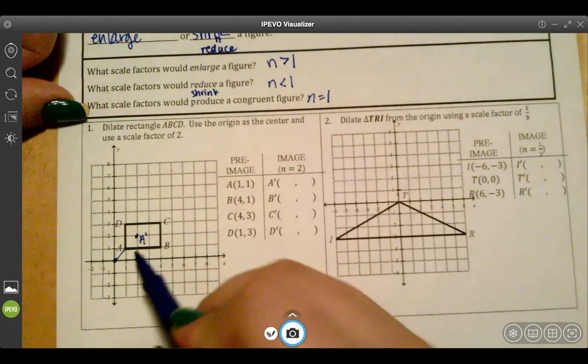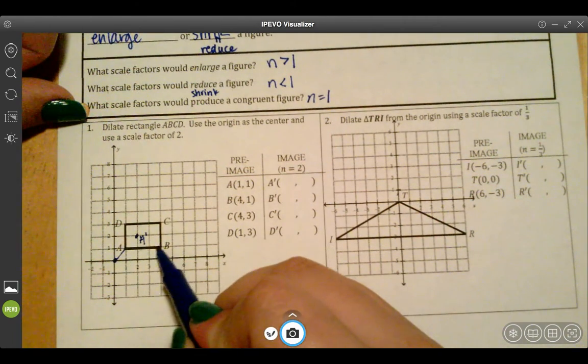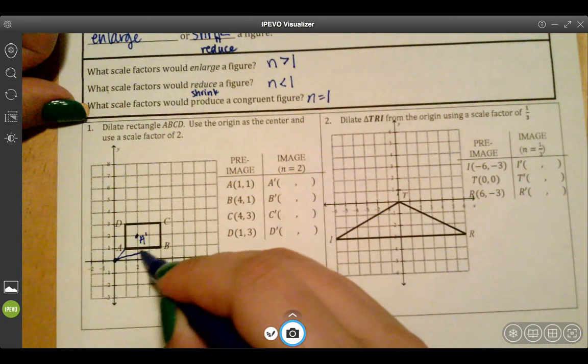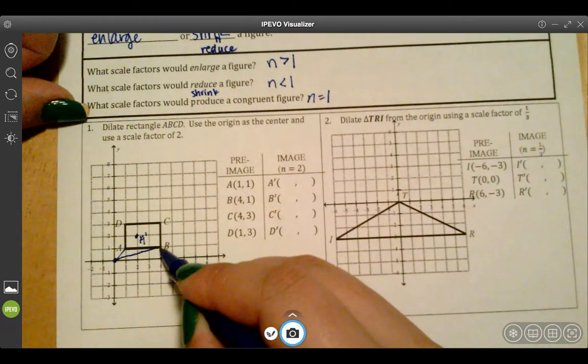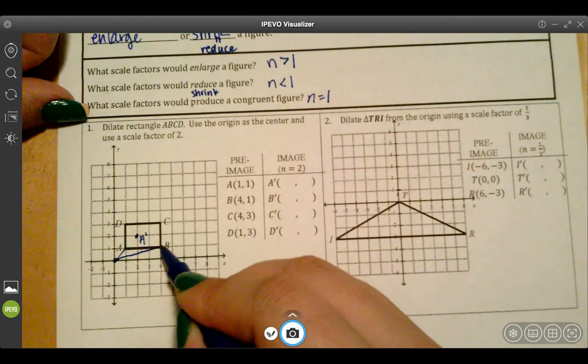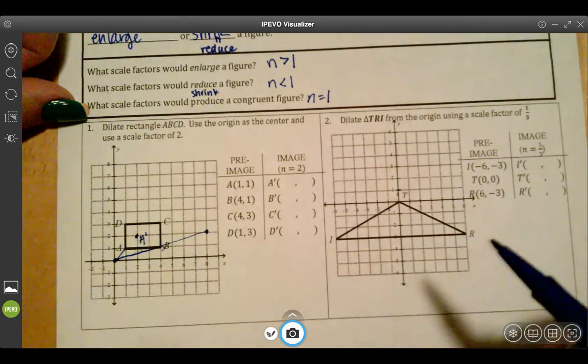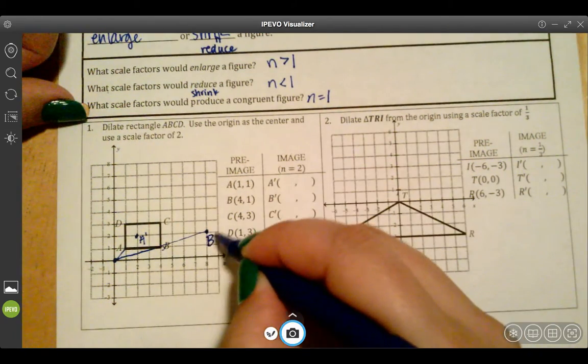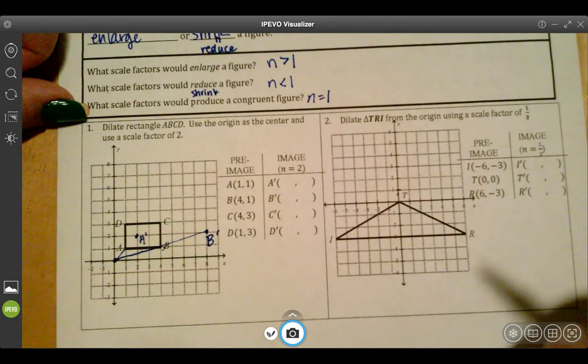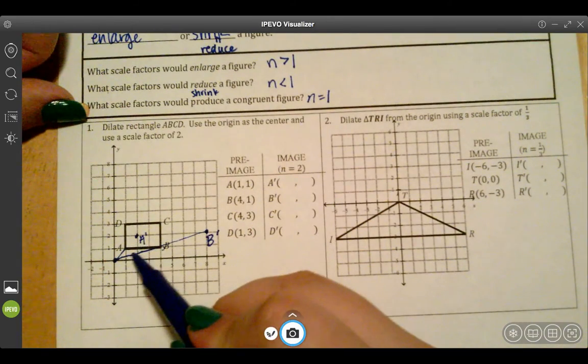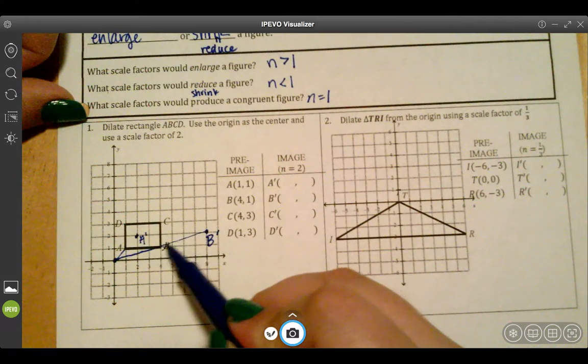For B, I go diagonal this way. That was across 4 over 1. To do that same distance again, I can go across 4 over 1 in the same direction to get B prime. Really, I'm drawing the distance and then copying it again.